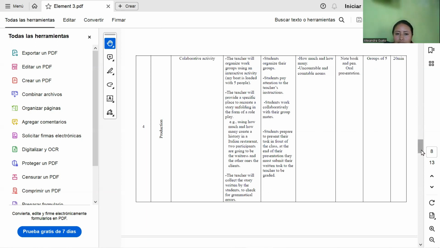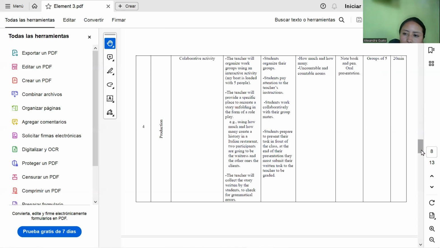Then the teacher assigns a specific place to each group, and the students will create a story about an Italian restaurant. 2 participants will be waiters, and the others will be the customers. They must use countable and uncountable nouns, and how much and how many.